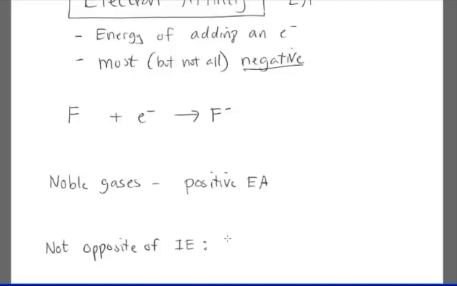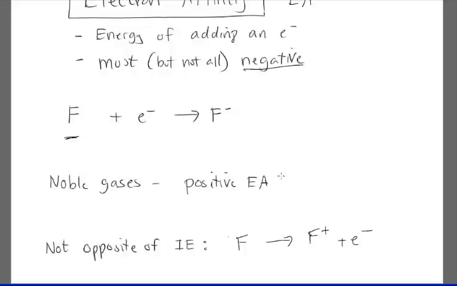I also want to point out that electron affinity is not the opposite of ionization energy. Ionization energy was if you take a fluorine atom and you take an electron off, it becomes F+. So the opposite is not this process. It's not taking F+ and adding an electron, it's taking F and adding an electron.